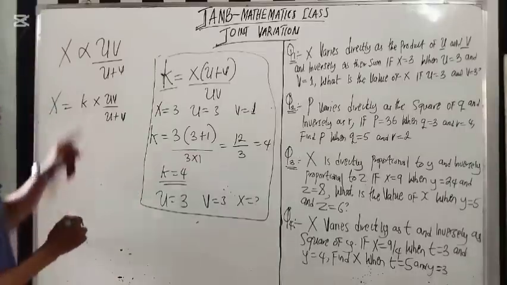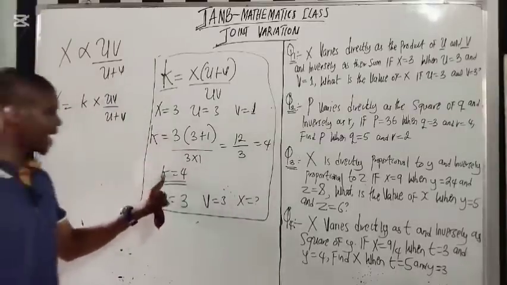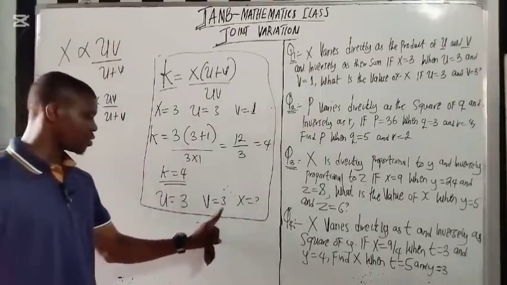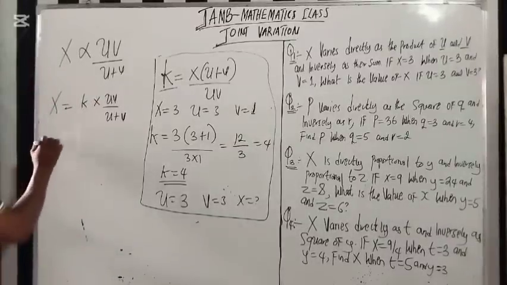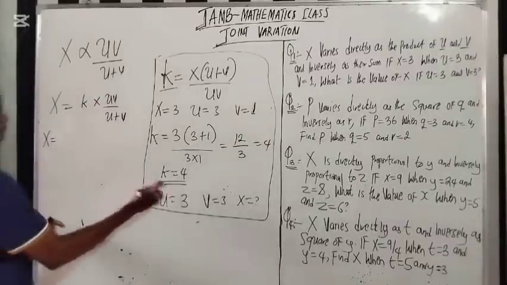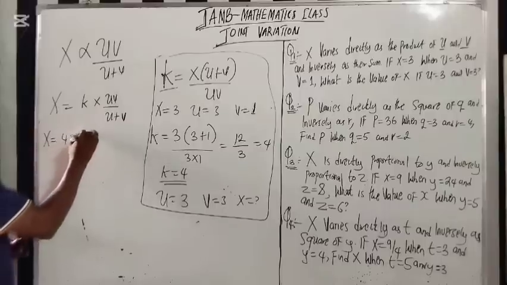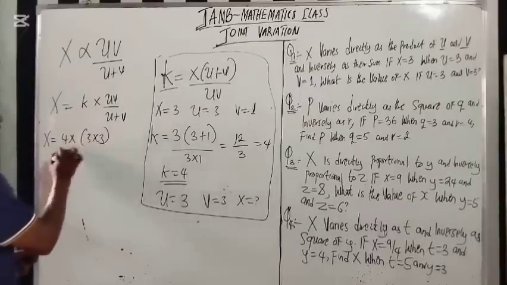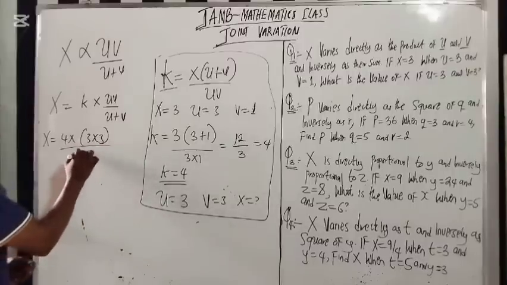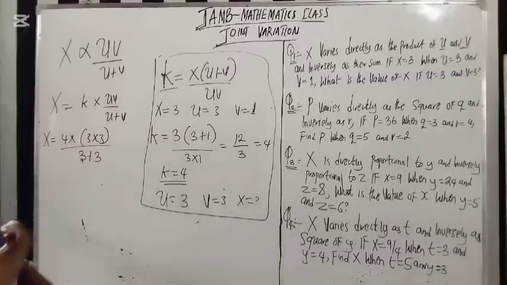Now we are using this formula here. My k is 4, my u is 3, my v is 3. So you now have s equals my k, which is 4, times u times v, which is 3 times 3, over 3 plus 3. Can you see that?